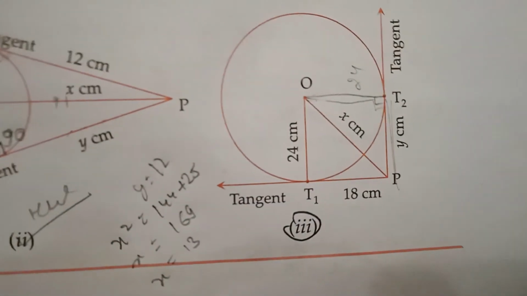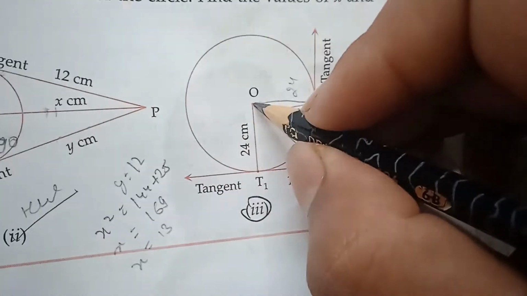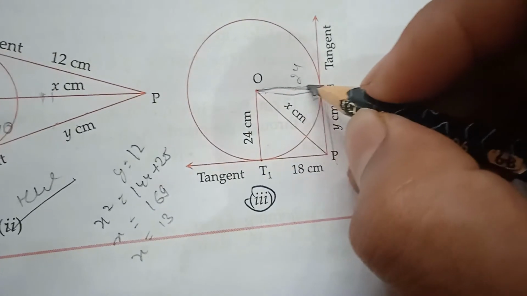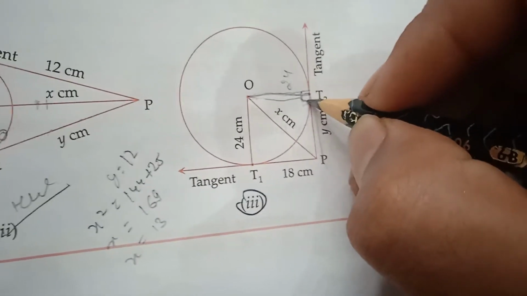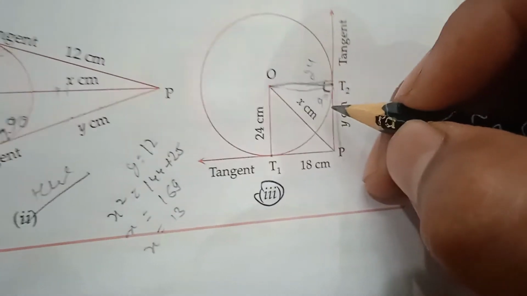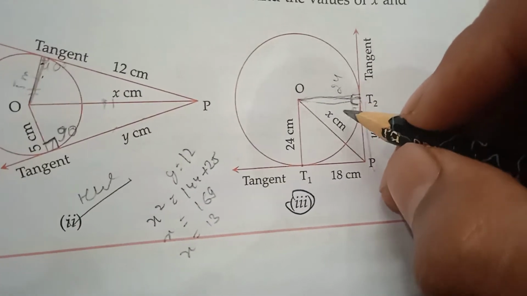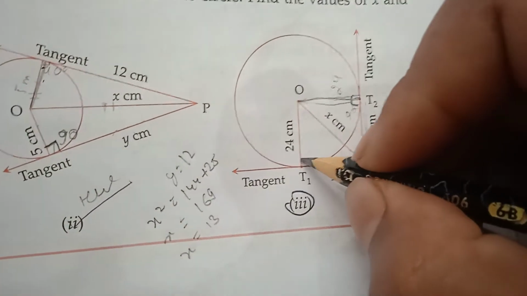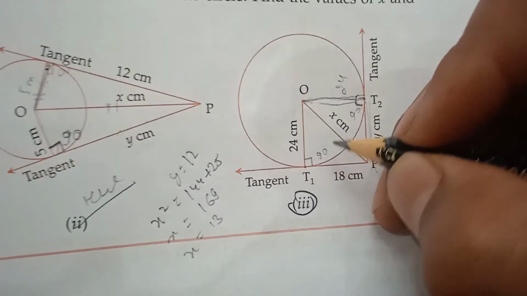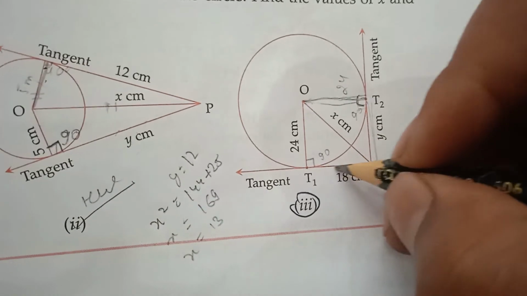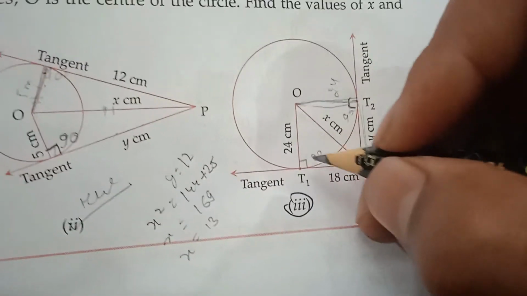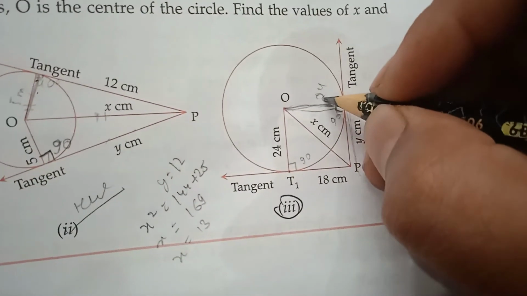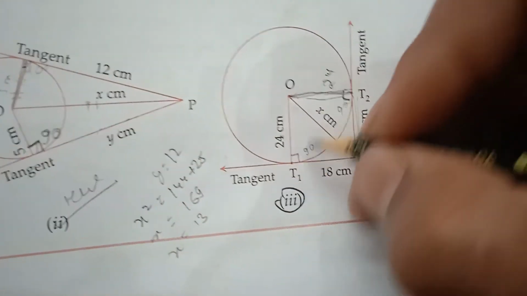And in this question we have to construct a line parallel to this, and this would be a 90 degree angle. So as you can see, this is making a square, and this is also, no, this is not making a square, as this is 18 centimeter and this is 24 centimeter. So this is 24, so this would also be 24, as this is also the radius.